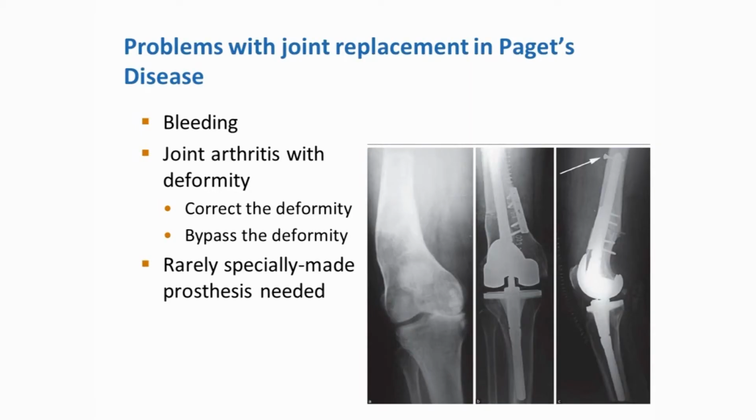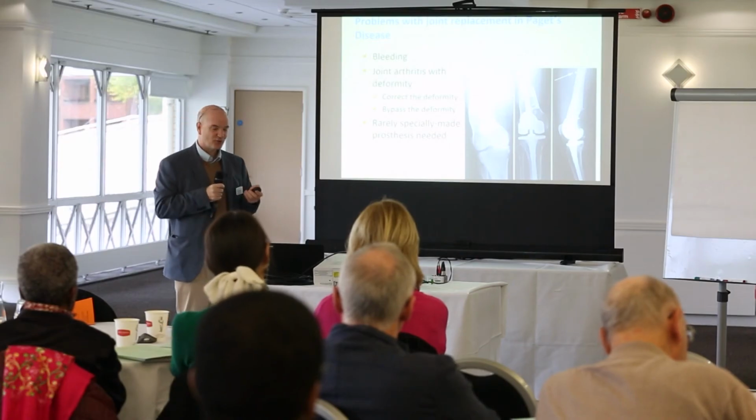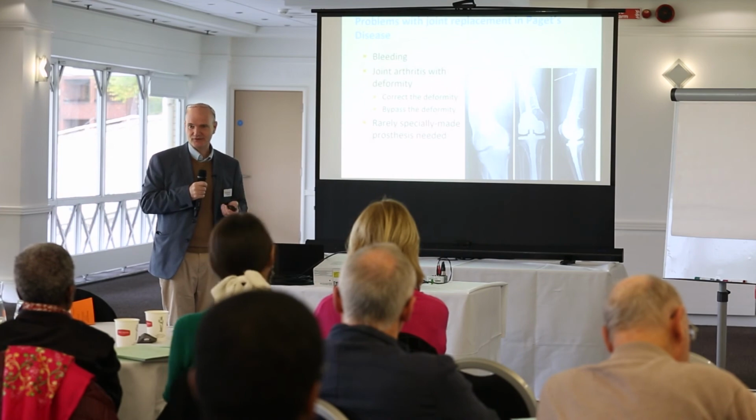But in Paget's we have specific problems because the bones, as well as the joint being diseased, if the bones above it and below it are deformed, then we've got to deal with that because like anything in bones and joints, you've got to get it straight if you want it to last.